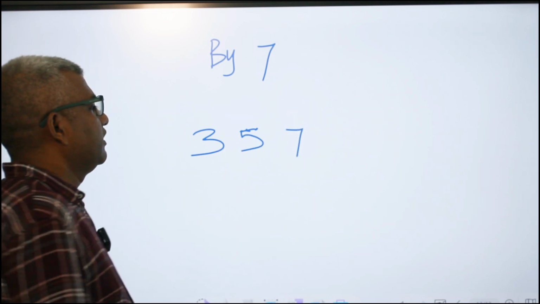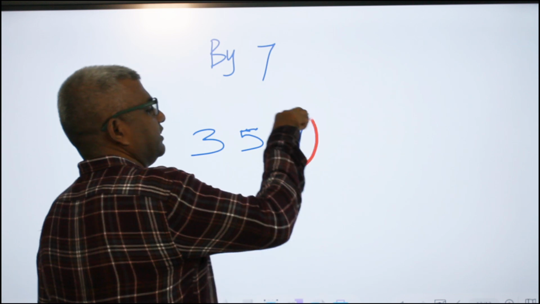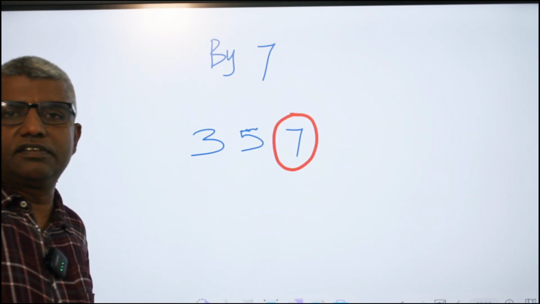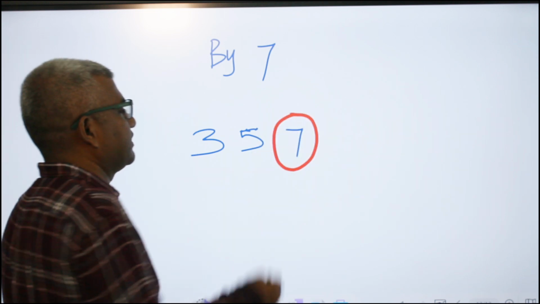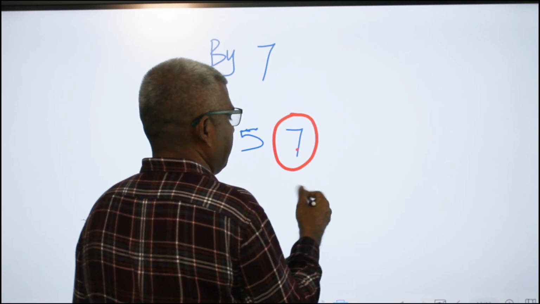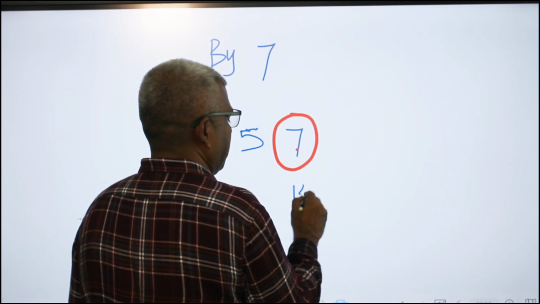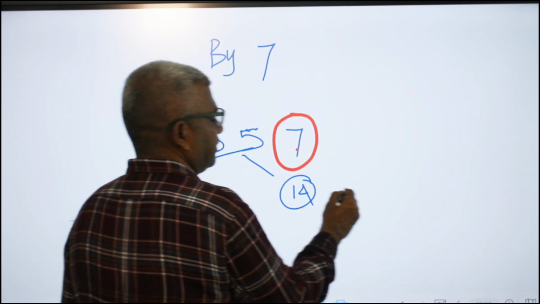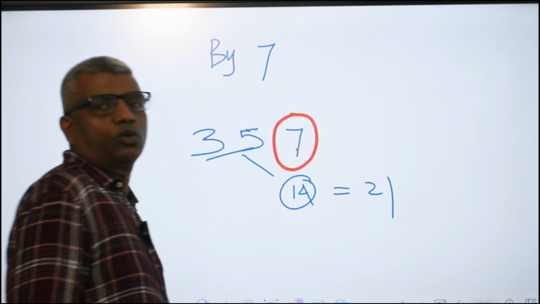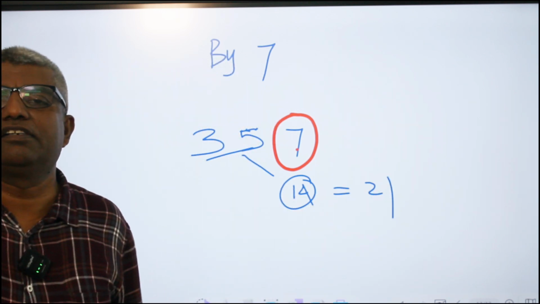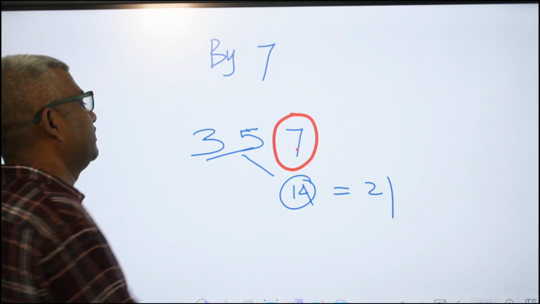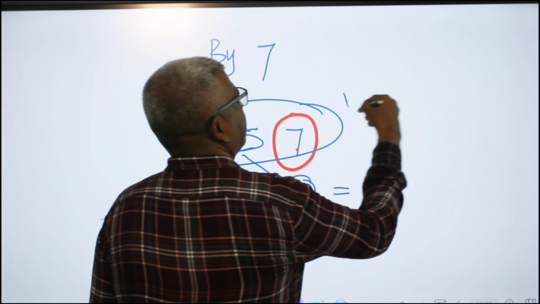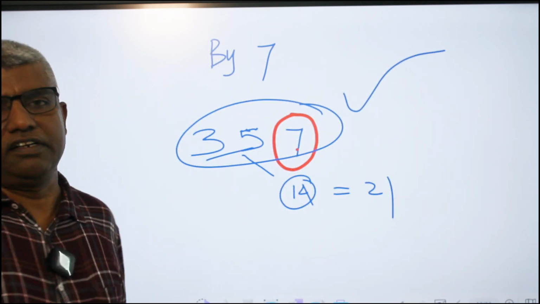See the last digit, 7. Multiply it by 2. 7 times 2 is 14. Then 35 minus 14 is 21. 21 is divisible by 7. So this 357 is divisible by 7.